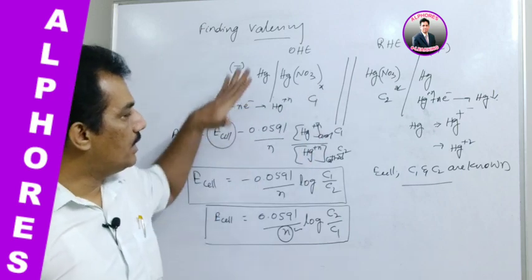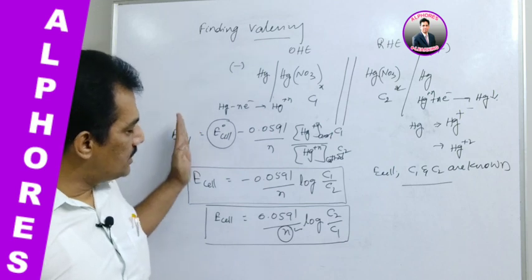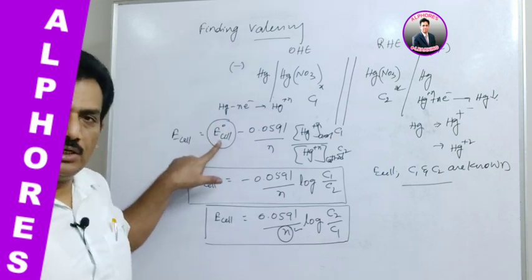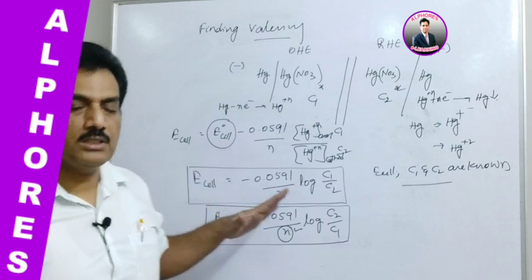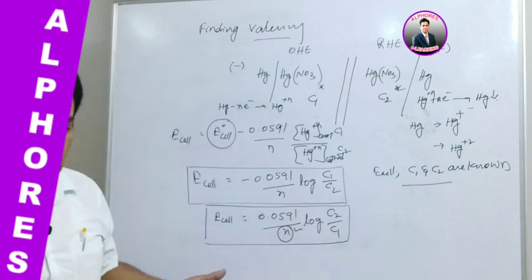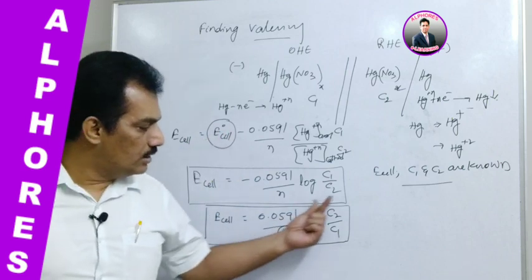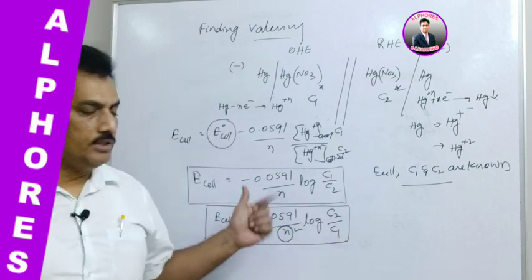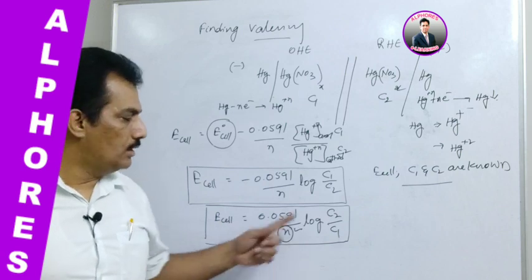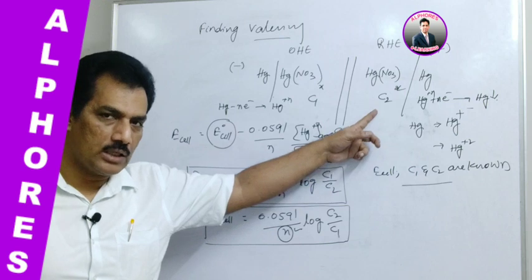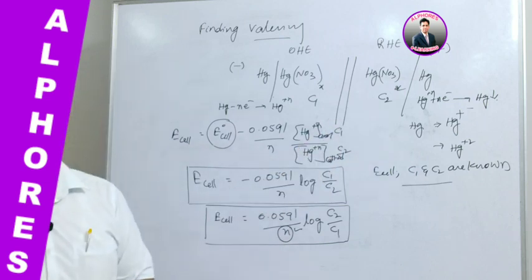Like that, by knowing the EMF of the cell, remember it is a concentration cell, that's why E0 cell is taken as 0. For a concentration cell, the E0 automatically becomes 0. Then we measure E cell from potentiometry, and with C1, C2 the concentrations of the two electrolytes at anode and cathode respectively, we can get the n value.